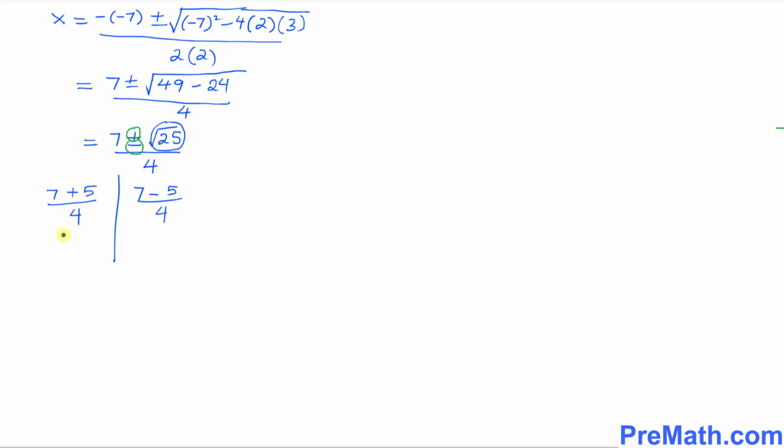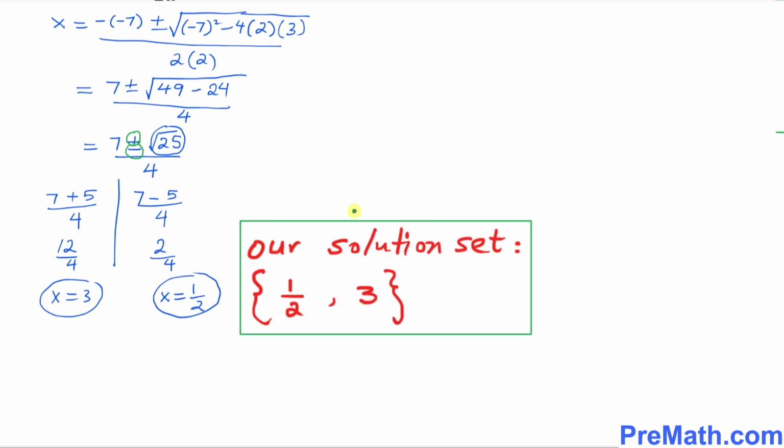Let's simplify. This is going to give you 12 divided by 4, x equals 3. And here that's going to give you 2 divided by 4, which reduces to 1 over 2. So thus our solution set turns out to be 1 over 2 comma 3.